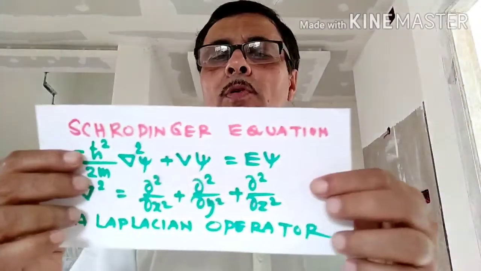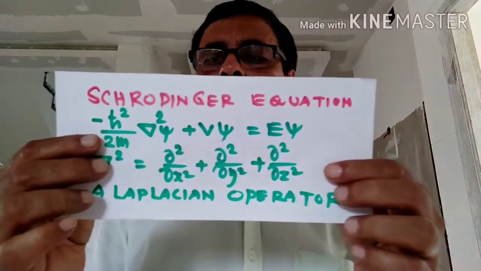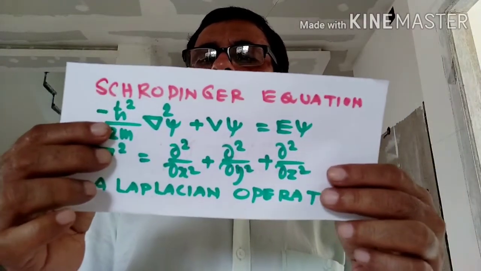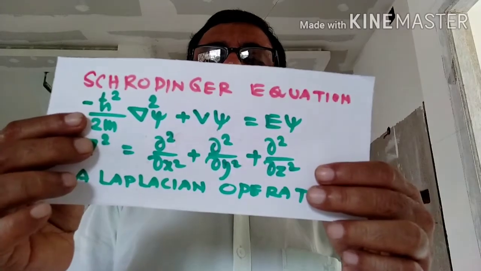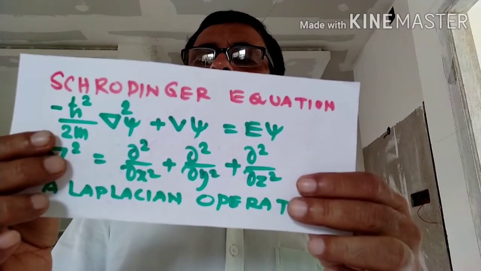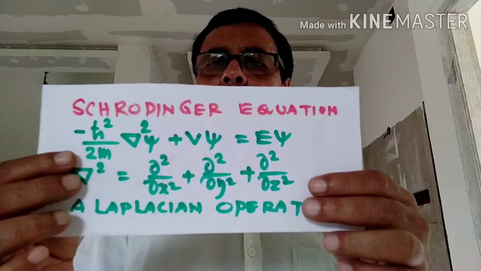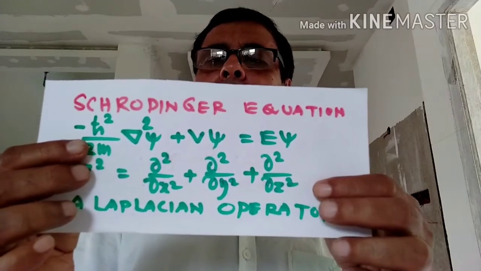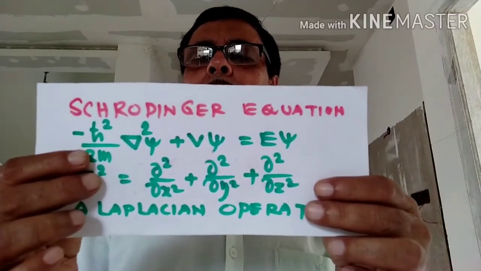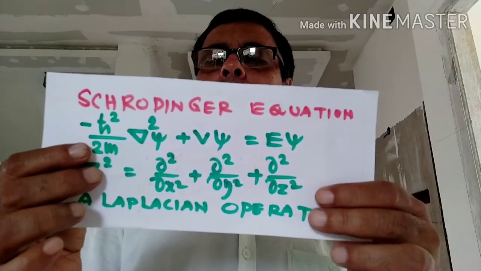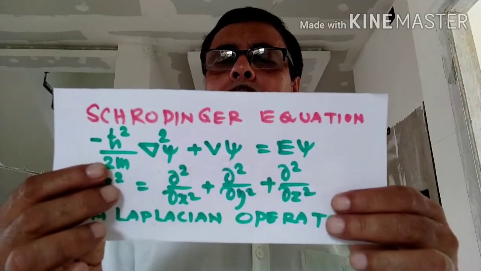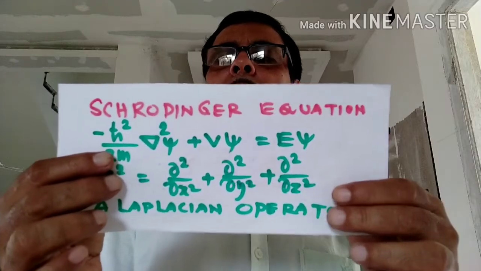And another example is the Schrodinger equation, which is the most important equation in quantum mechanics, which is minus h square by 2m del square psi plus V psi equal to E psi, where del square is the Laplacian operator, which is the summation of second order partial differential operators with respect to three variables x, y, z.